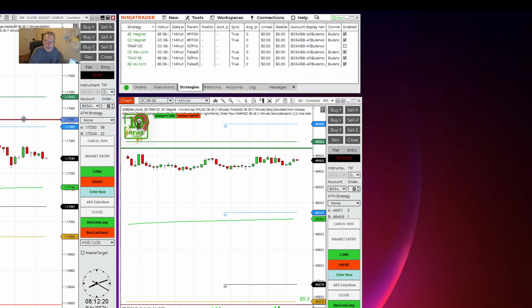The beauty of the magnet is you have very nice discretionary control of your order entry, but it can still be an automated trade. By pressing the magnet entry button and turning it into automatic, the magnet trade can become completely automated.